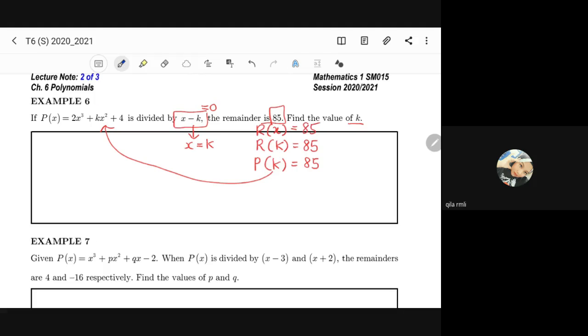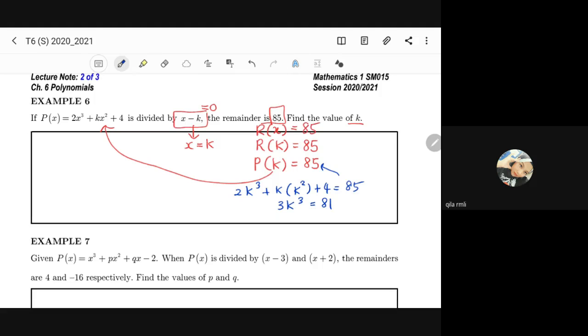P of k equals 85. Okay, now we substitute k into the polynomial. So we will get 2k cubed. We plug in k. We change x to k. So 2k cubed plus k times k squared plus 4 equals 85. So 3k cubed equals 81.